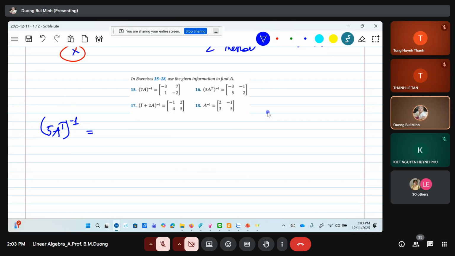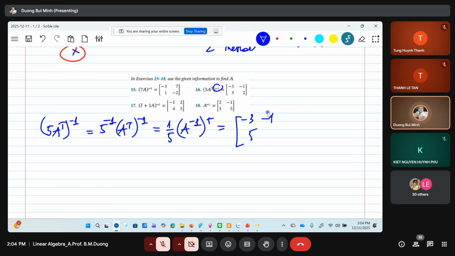So you get inverse of 5 and transpose of A inverse, right? Inverse of 5, 5 to the power of minus 1 is 1/5. And then we have transpose of A to the power of minus 1, that means inverse of A transposed, equal to minus 3, 5, 1, minus 1, 2.